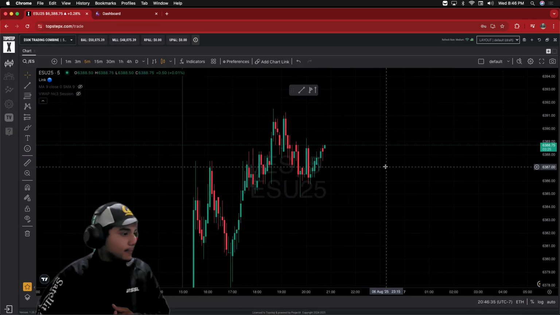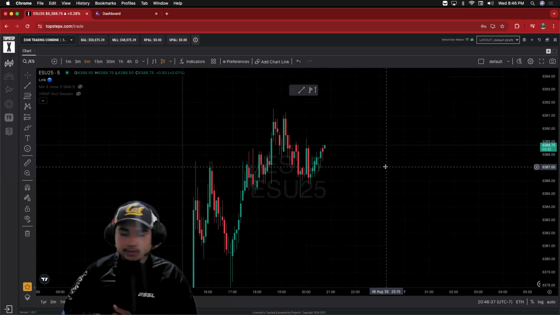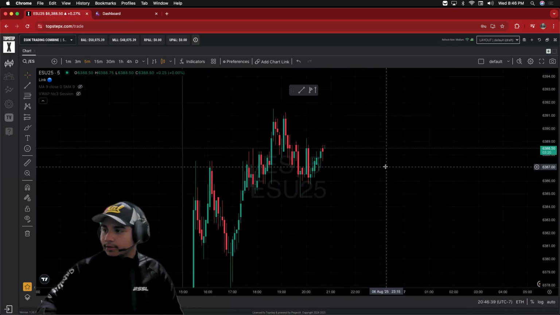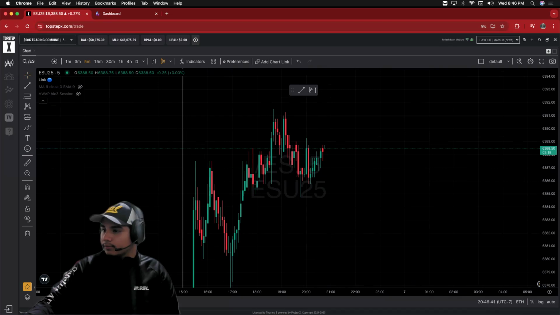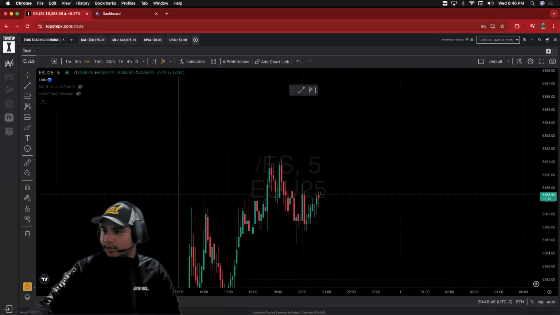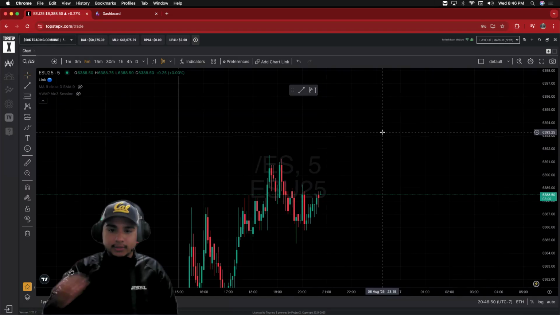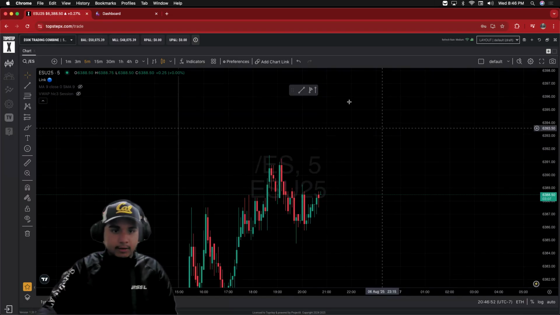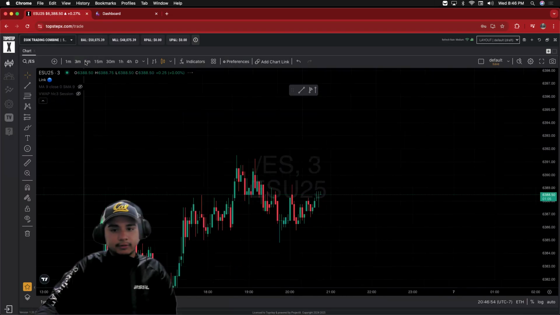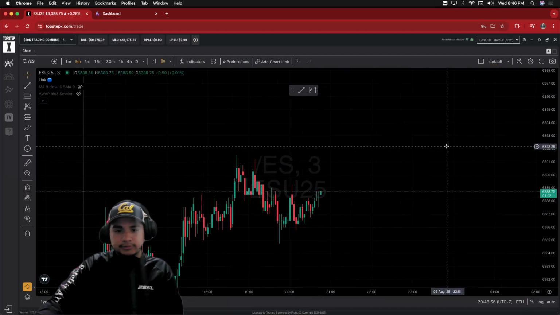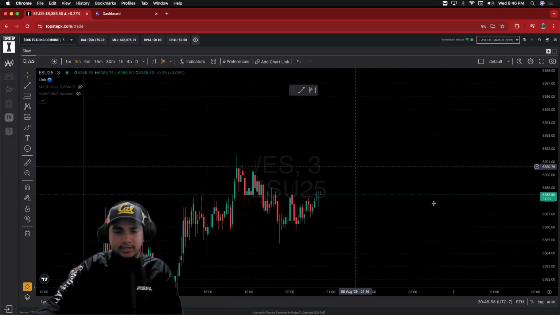So here soon, probably gonna take some shorts on ES. Maybe possibly wait for it to come into a range just slightly above, perhaps up here, and then continue the trend downwards. That might take a while though for it to develop, but that is the idea.